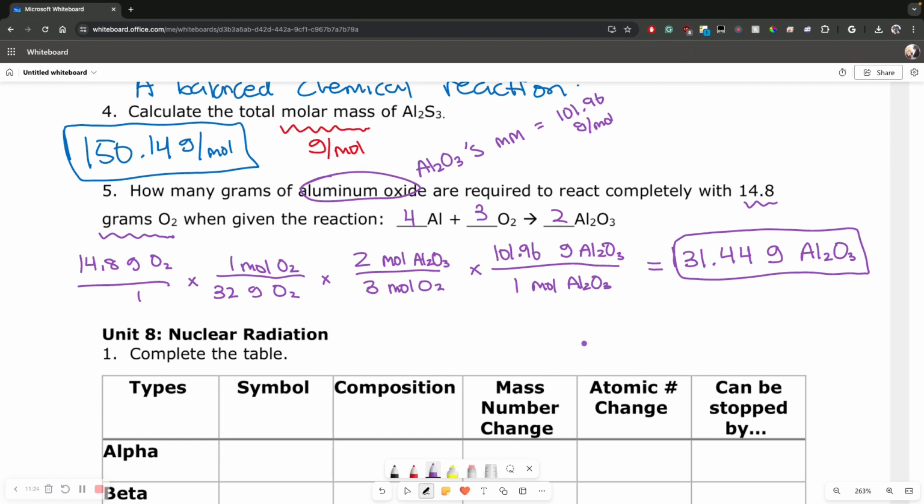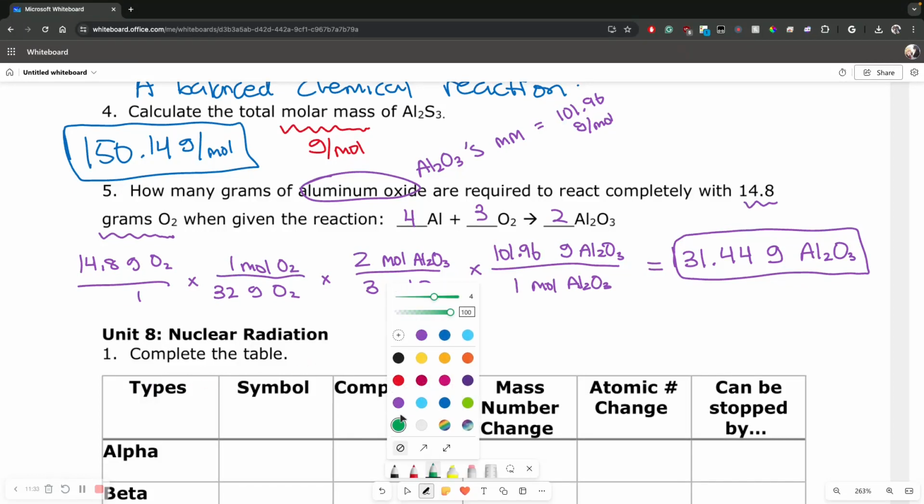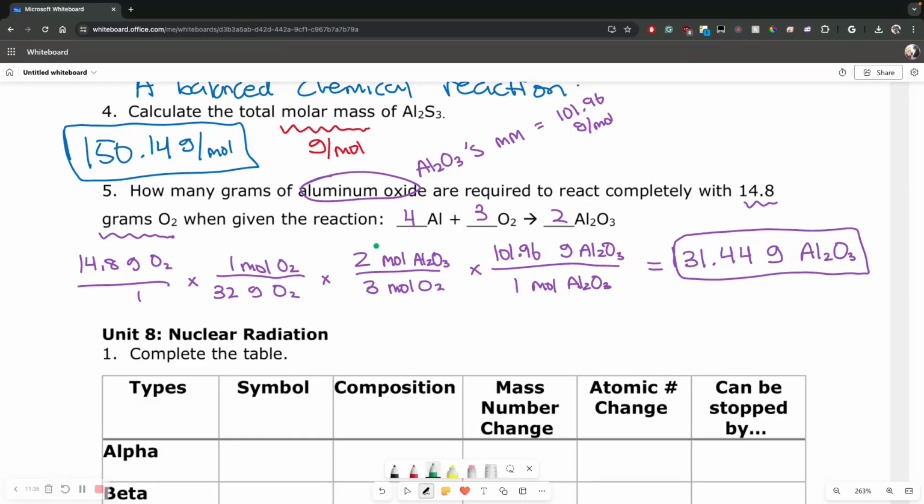There we go. That brings it to the end of the stoichiometry unit. Let's go ahead and mark up some of the most important concepts we covered here. This is the mole ratio from the balanced chemical equation.